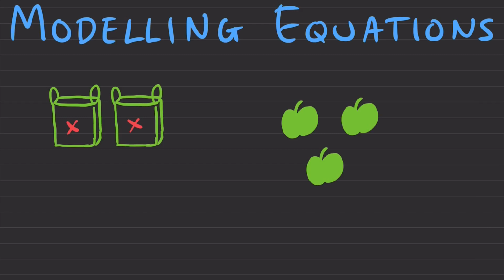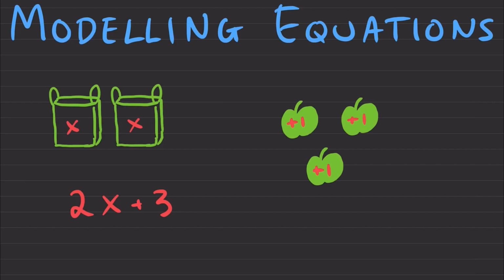Looking at this diagram, there are two bags, which means there are 2x over here. But we also see that there are 3 apples. Each one of these apples represents a +1. So in total, we've got 1 + 1 + 1, or 3 apples. So you've got 2 bags and 3 apples. That's the expression that we would get in this case.